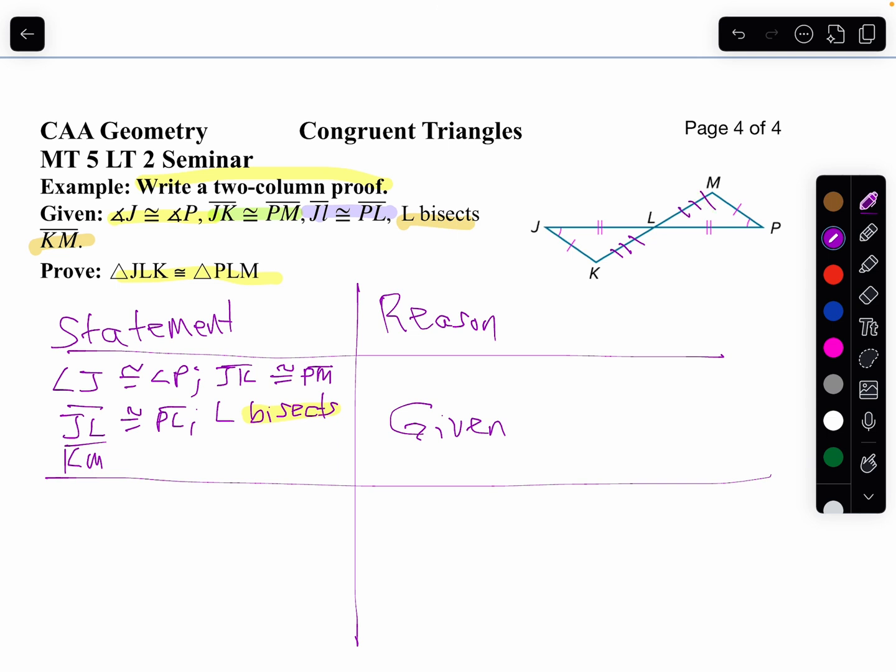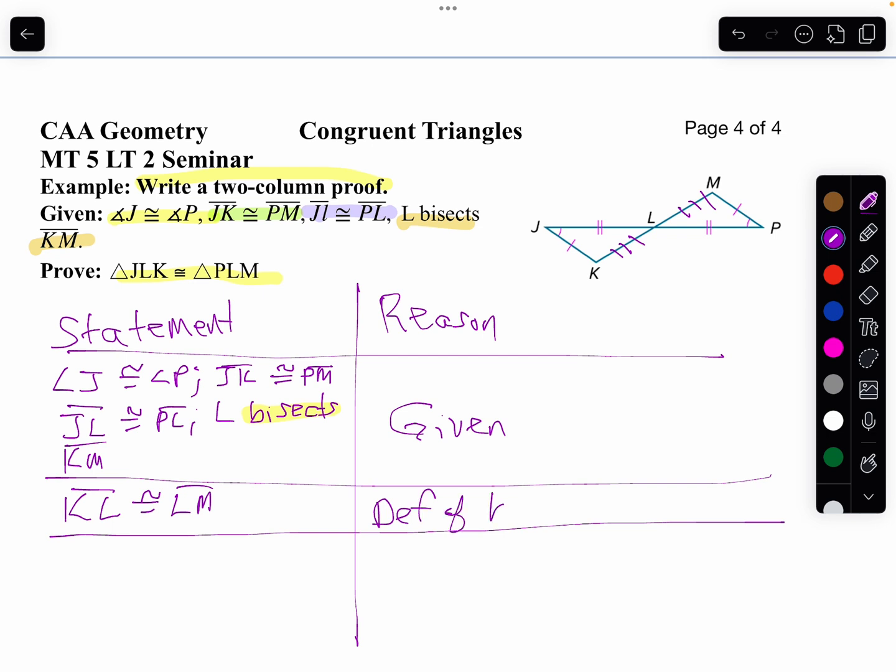So we're going to say KL is congruent to LM. How do I know that? Because of that vocabulary word, definition of bisector. A bisector tells me it goes through the middle. Notice I got all three sides now, don't I?